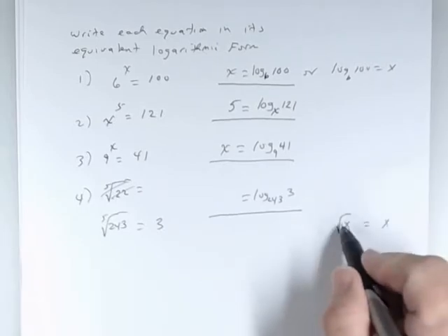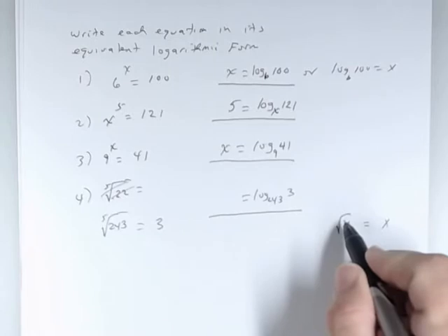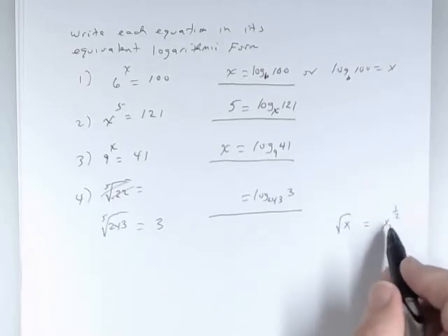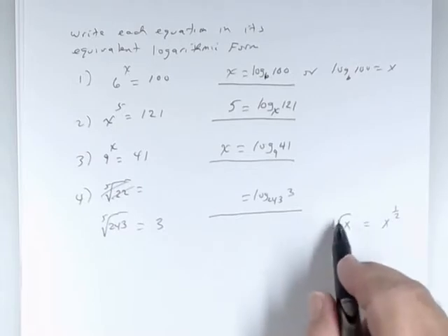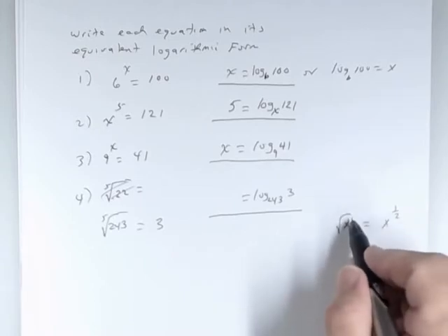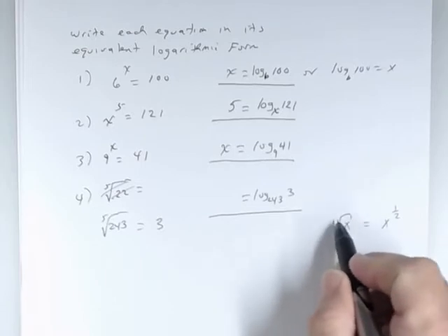Let's look at this. 1 over what? 2. So the square root of x is x to the 1/2. Remember, what's that index right here? 2. So your index is your denominator. And x is being raised to what power right here? 1. So you say 1 over what?